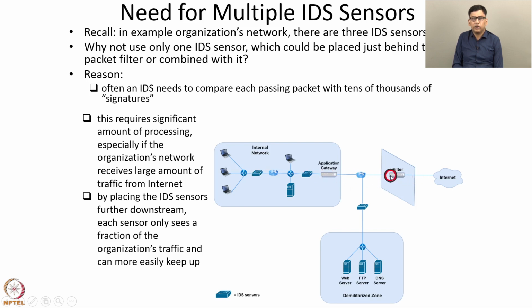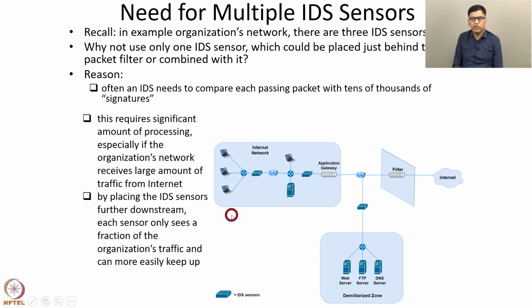So by keeping these IDS sensors downstream, they receive only a fraction of the traffic that flows through the organization's network, and hence it is easier for them to cope up with the traffic and analyze the traffic in real time and raise alerts. So by placing the IDS sensors downstream, each sensor only sees a fraction of the organization's traffic and can more easily keep up with the traffic.